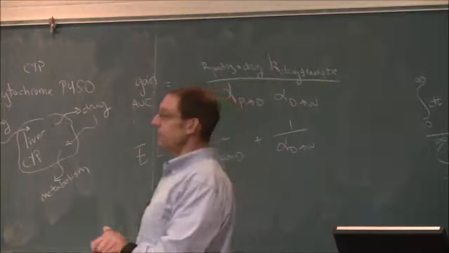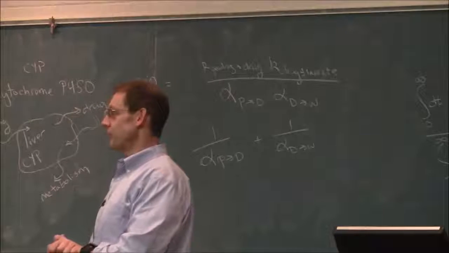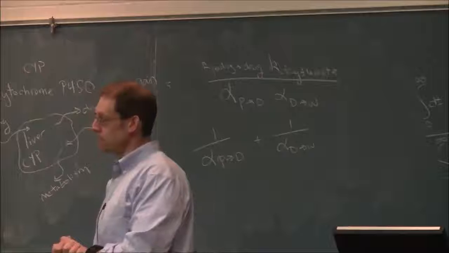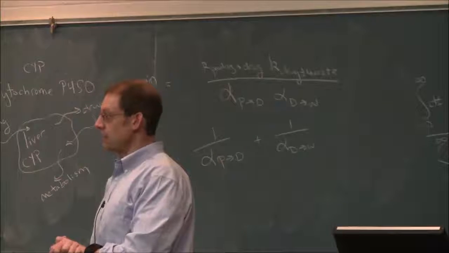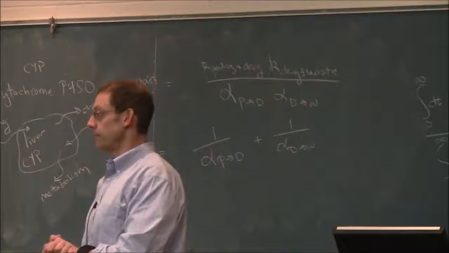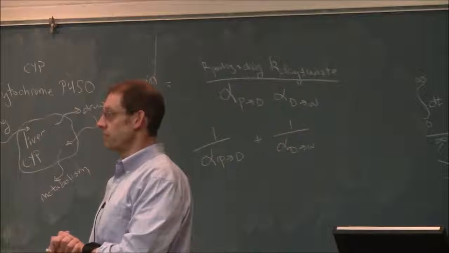So if we have a bigger input, we'll have a bigger output. The response function connects the input to the output, and if we're in the linear regime, then it's all explained by the response function. Does that answer the question, or is that not really helpful?